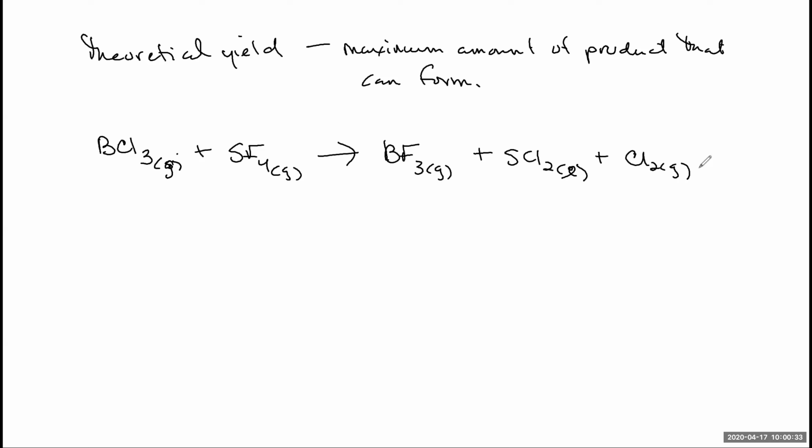This might take you a minute to balance, but go ahead and try. Pause me, balance, and then click back on. If this is balanced, your coefficients should come out to be 4, 3, 4, 3, 3.